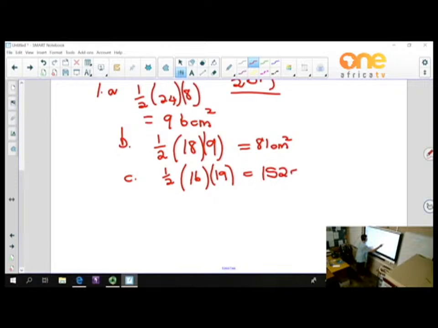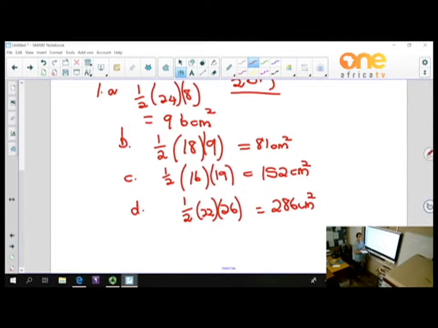Here I got 152 square centimeters, and then number D. There you just work in that one triangle, so it's a half of 22 times 26, half base times height. We just need to calculate the shaded area there, and it is then 286 square centimeters. Or in a case like this, you can get the area of the rectangle and divide it by 2.